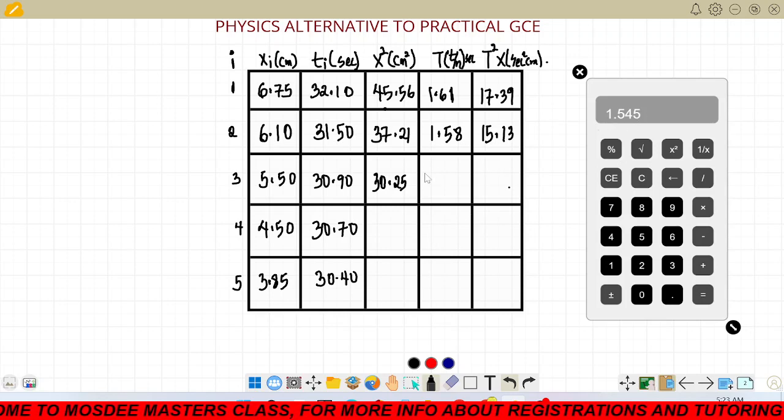I'm going to approximate to 1.55. Are you there? So 1.55. Then I'm going to square this value and multiply the answer by the value of x, which is 5.50. I'm going to make sure I don't go beyond two decimal places, 13.13. So I'm going to write 13.13.